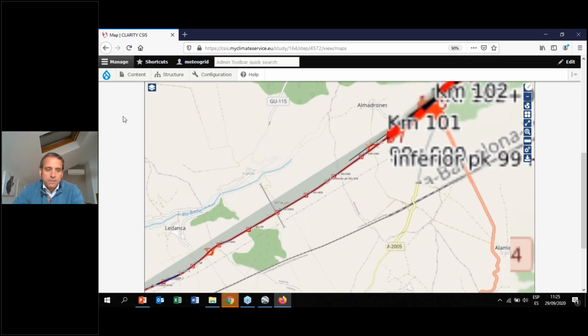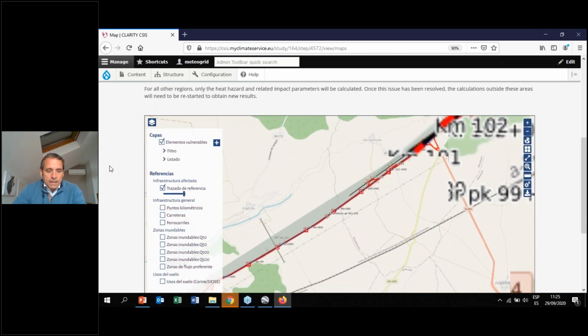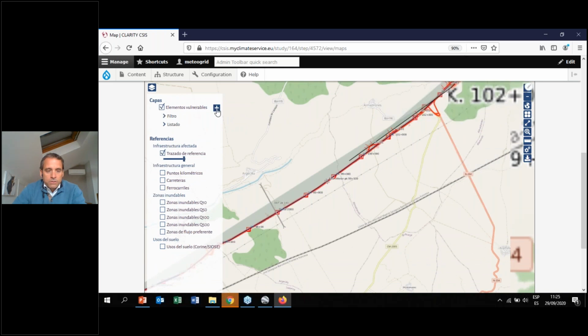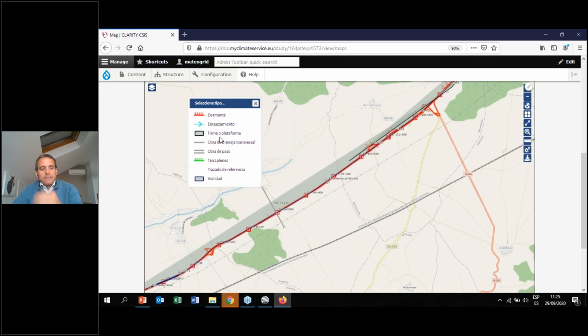So we can identify different types of infrastructures and different vulnerable points: drainage or drainage rivers, different types of tarmac or pavement infrastructure, linear drainage, transversal drainage, overpasses or down passes, or even different types of slopes.